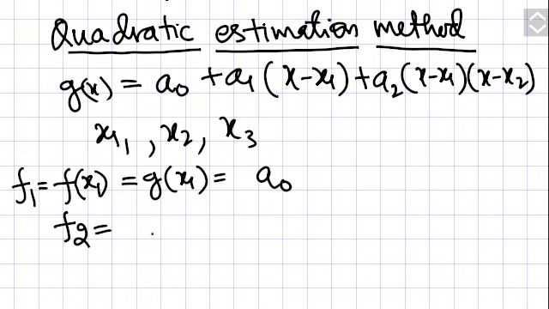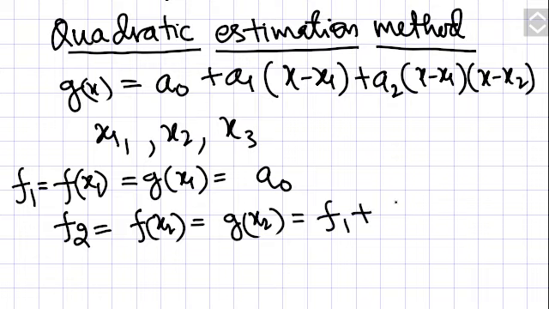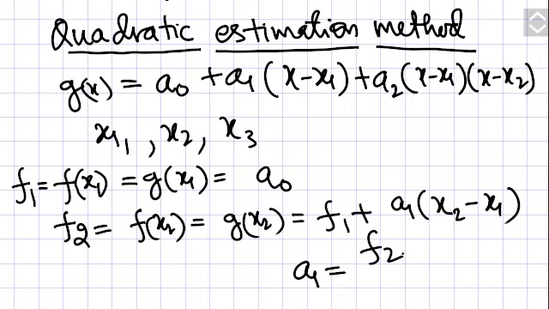Then f2 will be f(x2), and if you put this value in the g function, you will get an expression like this, and when you solve it, you can get the value of a2. Actually, what you are doing is that these are unknown.